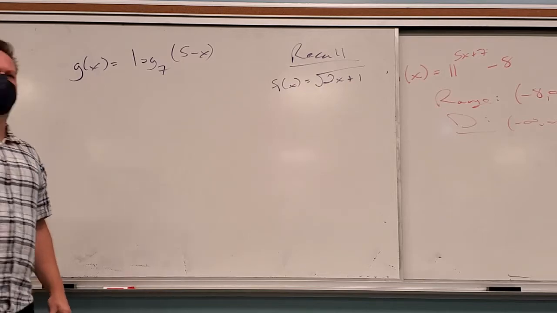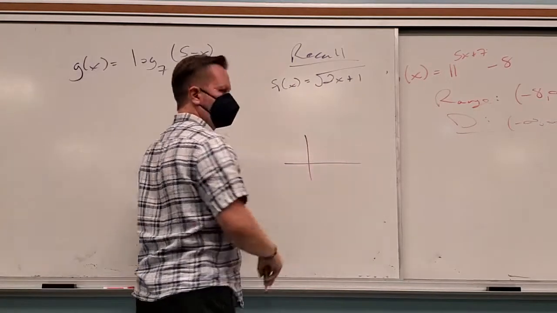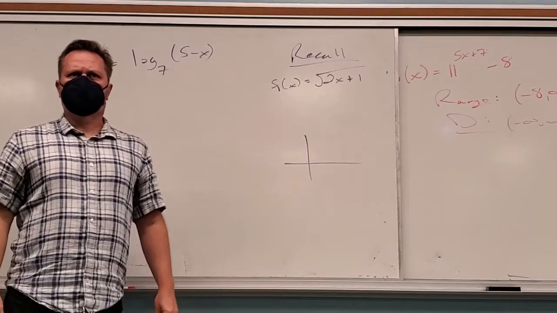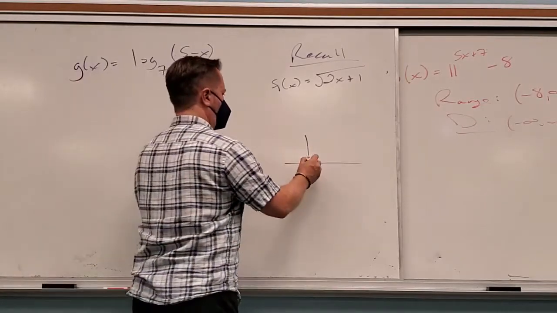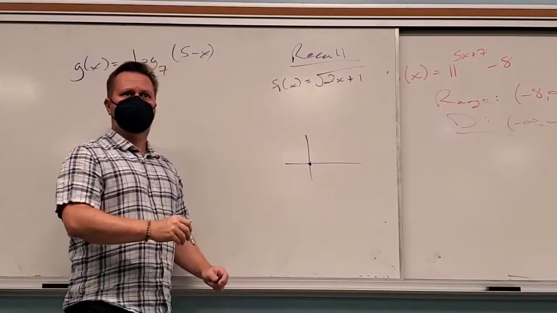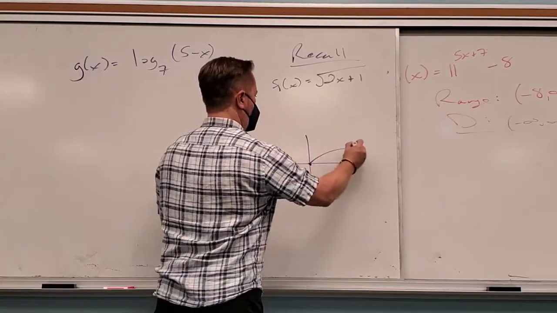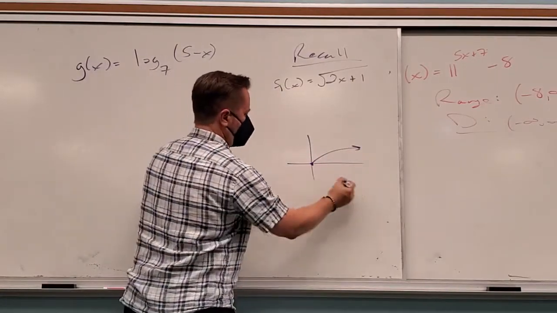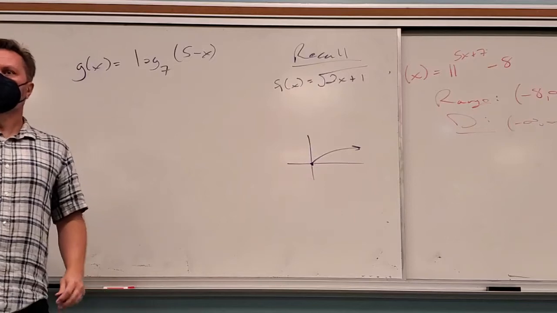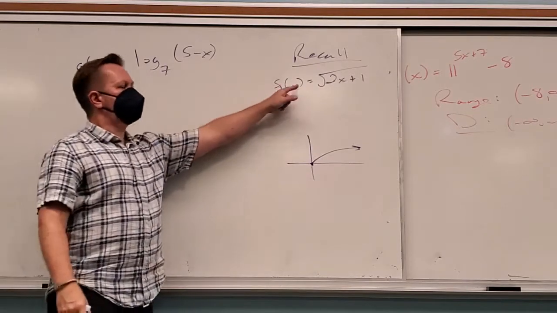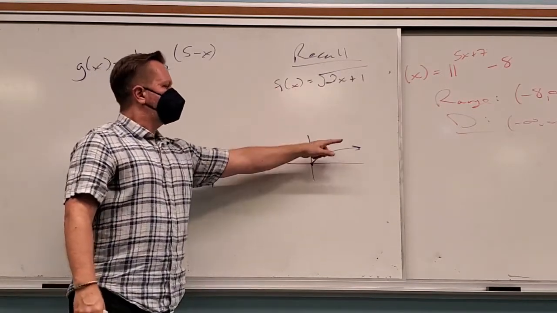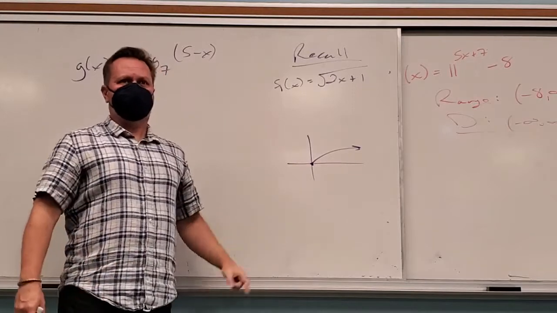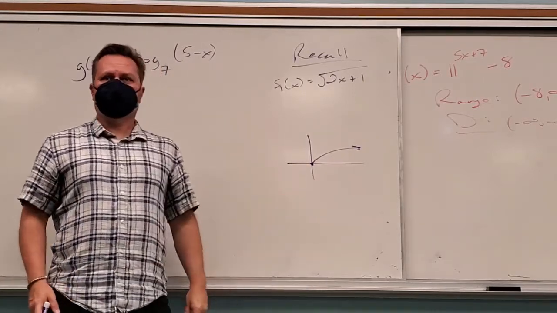What does the square root look like? Where does it start? 0, 0. And where does it go from there? Yeah. Right? It looks like half of a parabola where the bottom half fell out. Agree with me? How does that help me with this question? Well, what can a square root not handle? What kind of inputs can it not handle?